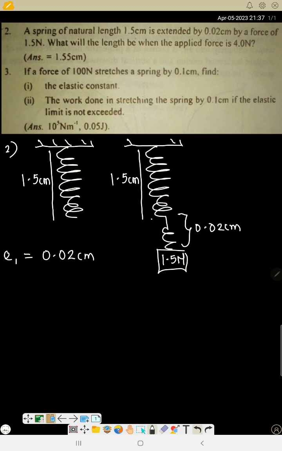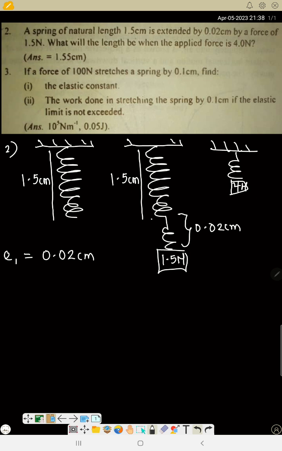Now what will the length be when the applied force is 4 Newton? Now what if instead of stretching it by 1.5, you stretch it by 4 Newton. So if you stretch the spring by 4 Newton, what will be the length?